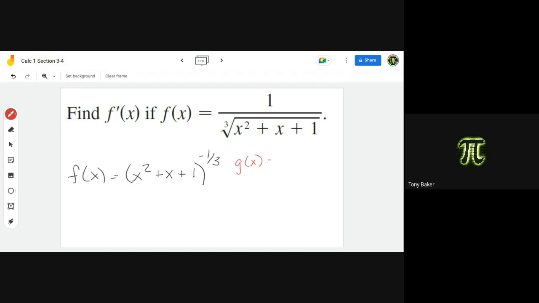So my g of x is x squared plus x plus 1. What's the derivative of that? 2x plus 1. Then I have y to the negative 1/3. What's my derivative of that?